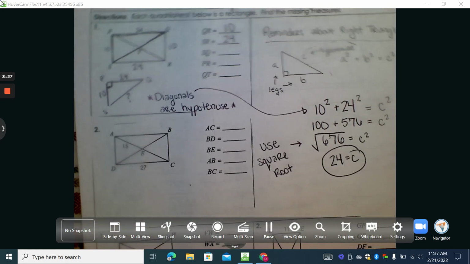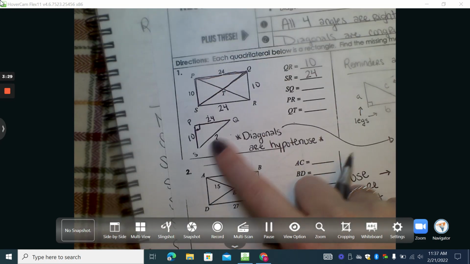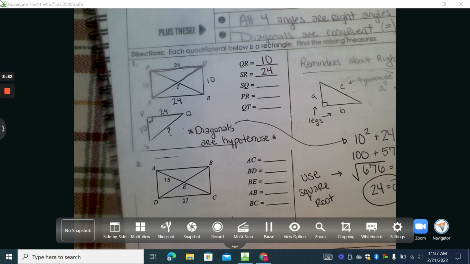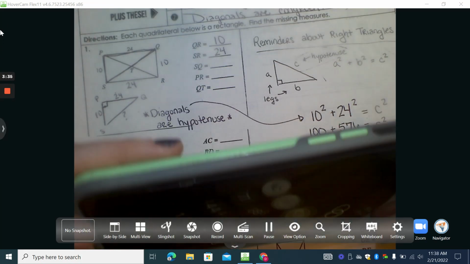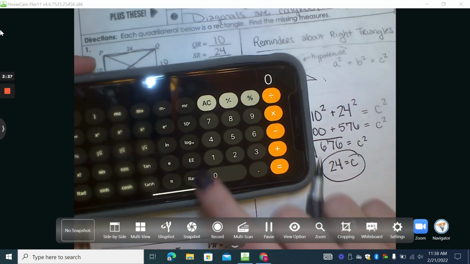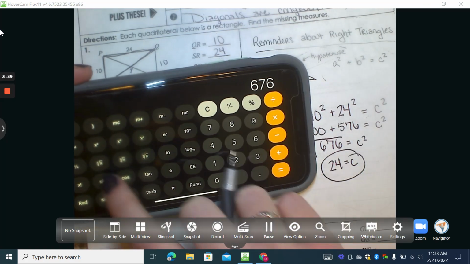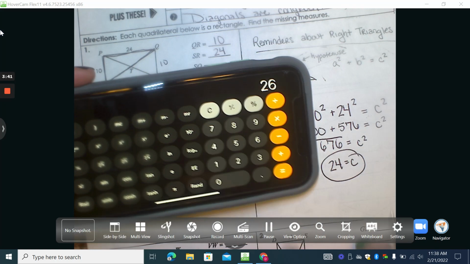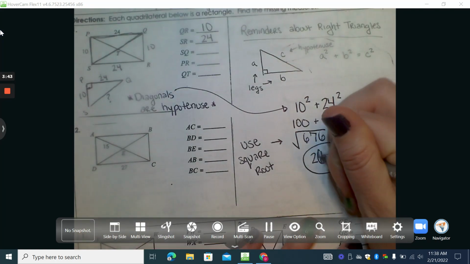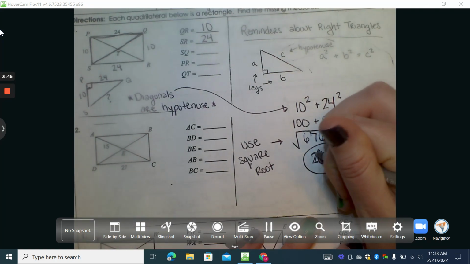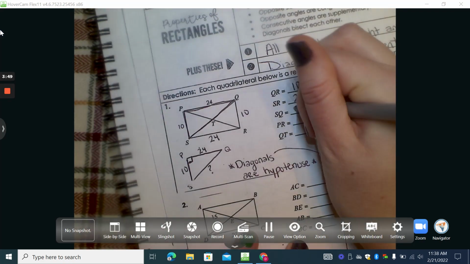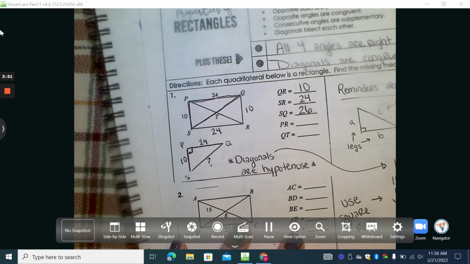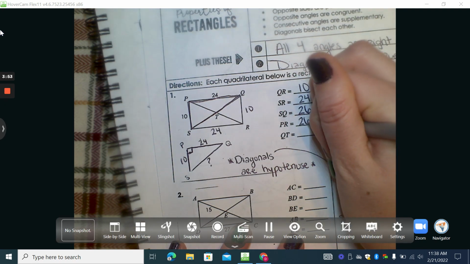Oh, whoops, I used the wrong number. I used 576. Sorry, 676. The square root of 676 is 26. My bad, 26. So 26 is my answer. My diagonal is 26. SQ is 26 and PR is also 26.